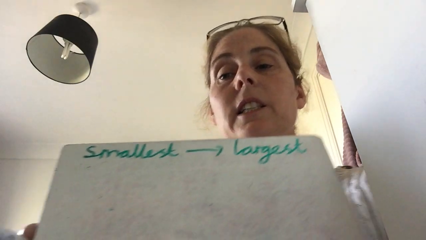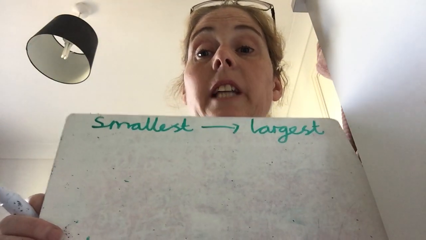Okay, so we're going to go back to doing smallest to largest this time again. So again, I will write smallest up to the largest. Okay, can you remember which order that is? Is that ascending or descending?